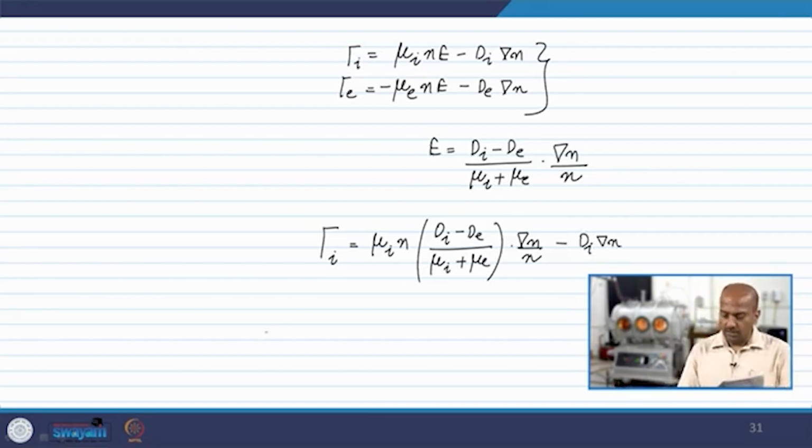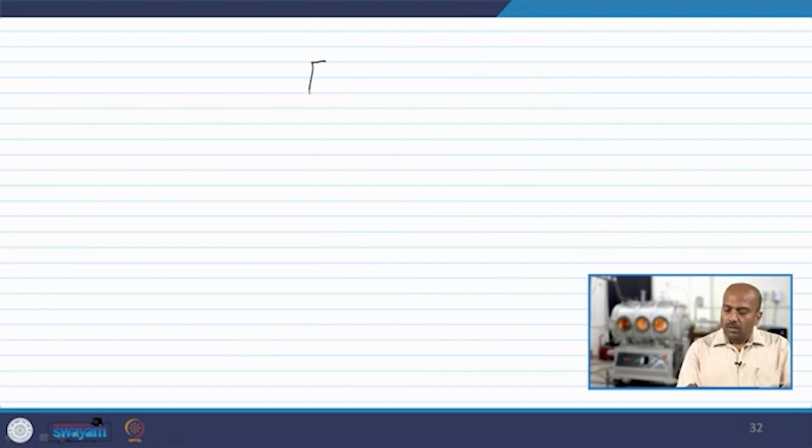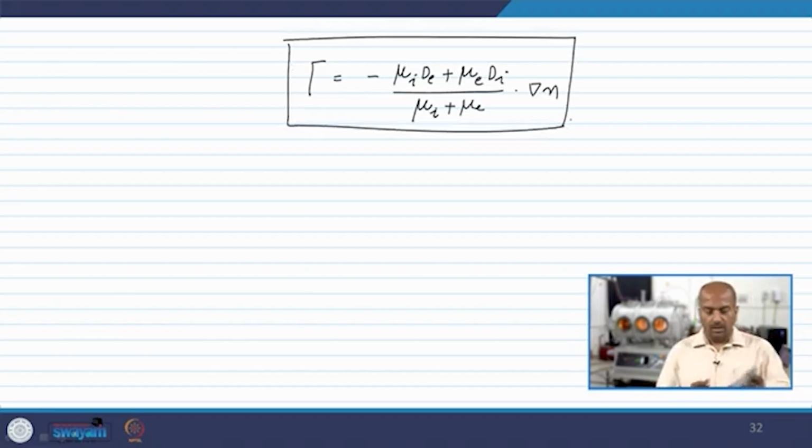So, slightly arranging the terms, Γ is −(μI De + μe DI) cancelling out all the terms, divided by (μI + μe) times ∇n. What is this? This is the flux, right.